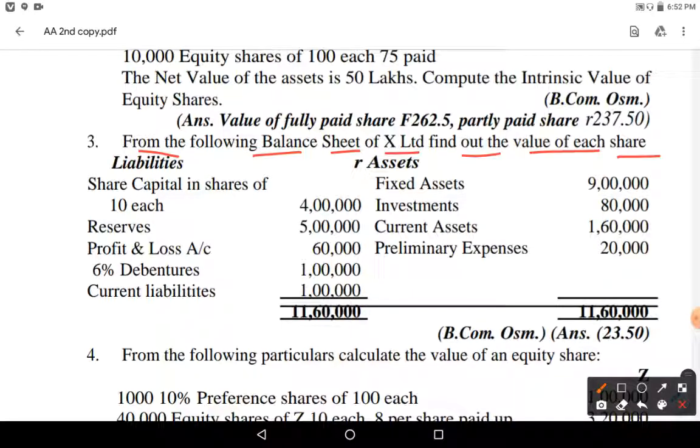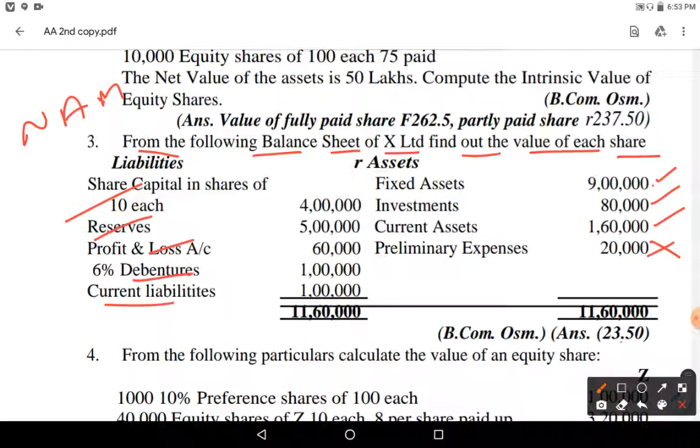When a balance sheet is given, we need to go for the net assets method, or intrinsic value. Fixed assets 9 lakhs, investments 80,000, current assets 1,60,000; preliminary expenses we should not take. Share capital, reserves, and profit and loss account will not be considered. 6% debentures and current liabilities will be considered.